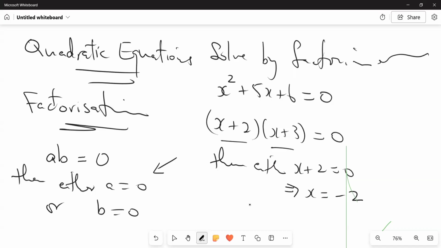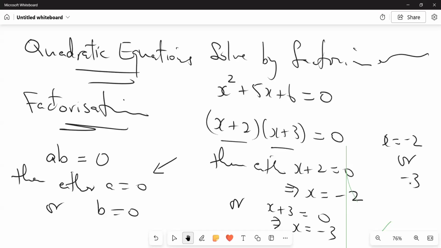Or x plus 3 is equal to 0, which implies that x equals minus 3. So your solution is x equals minus 2 or minus 3.